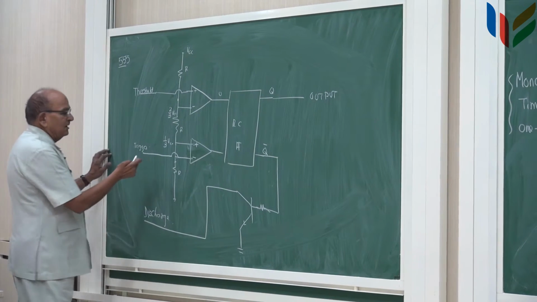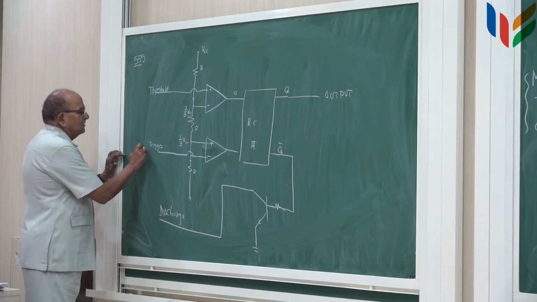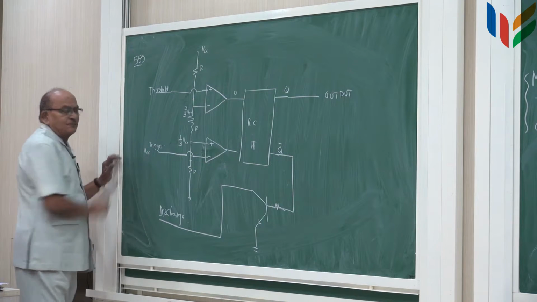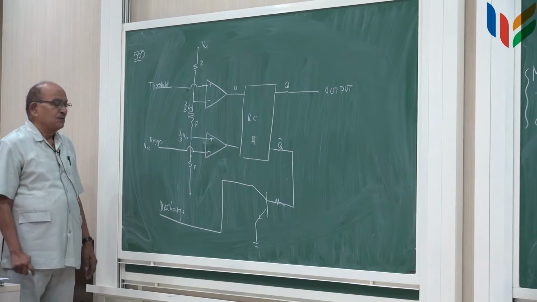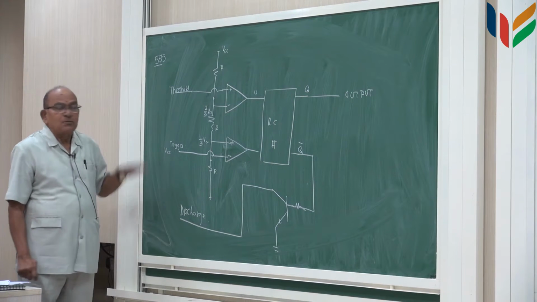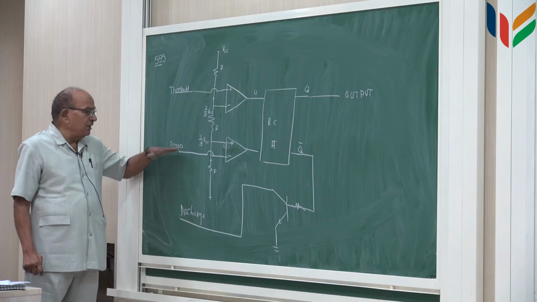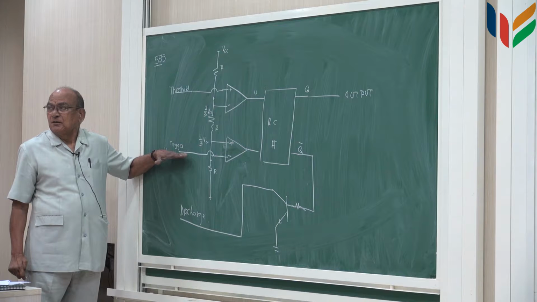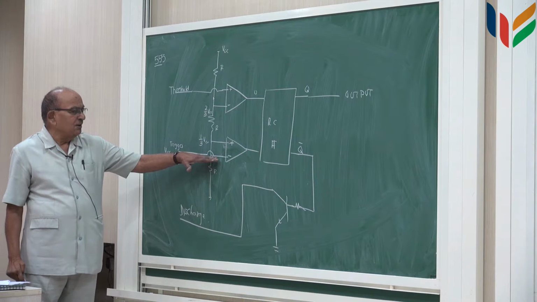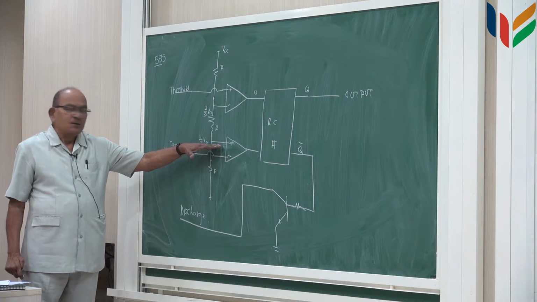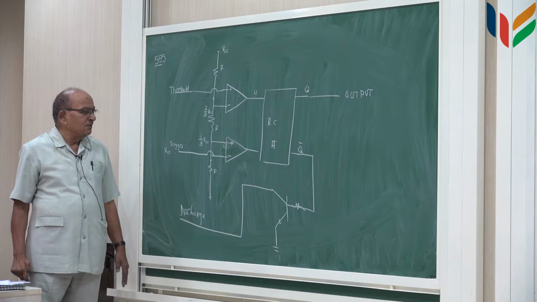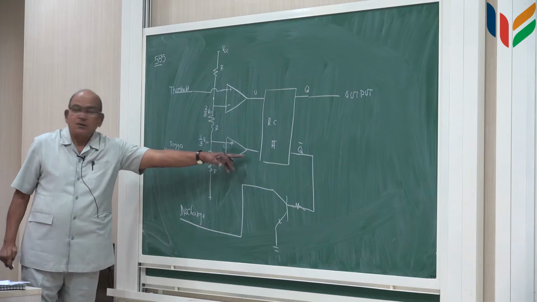Second one is initially set so that this is sitting at VCC. This is another external terminal. Initially it is set VCC. When this is VCC and this is 2/3 VCC, then what will happen to this terminal here?